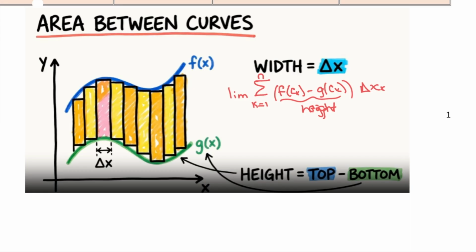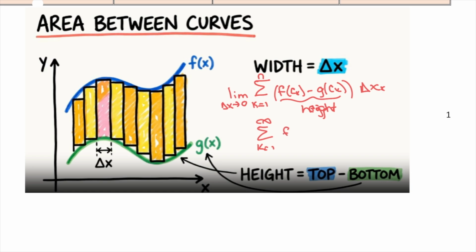Wait a minute, if we do the limit with the widths getting smaller and smaller, that's your delta x going to 0. So as we do this, this is actually the definition of an integral. We're going to take the sum as k equals 1 to infinity of the heights.